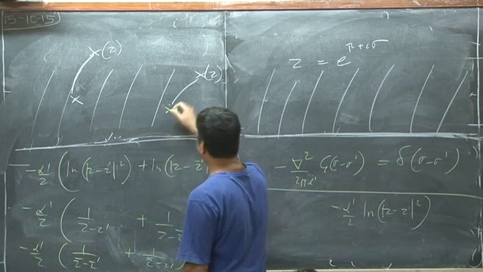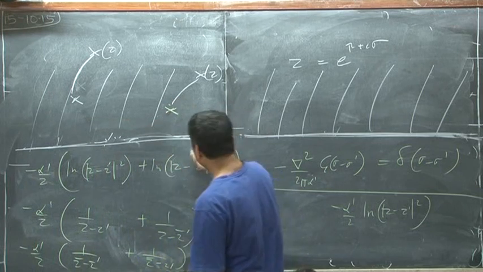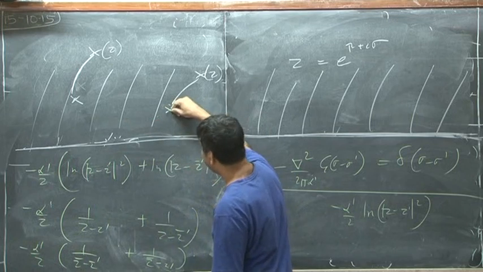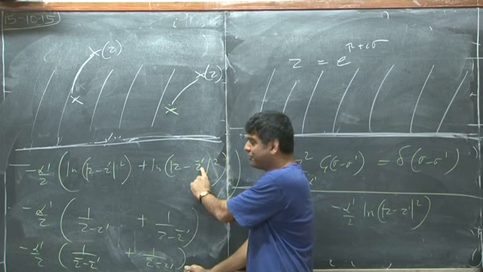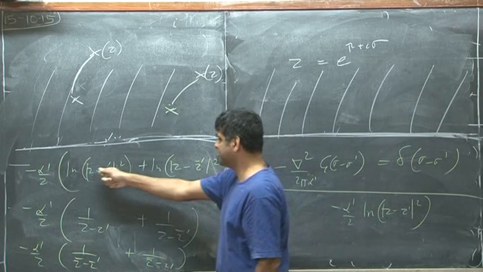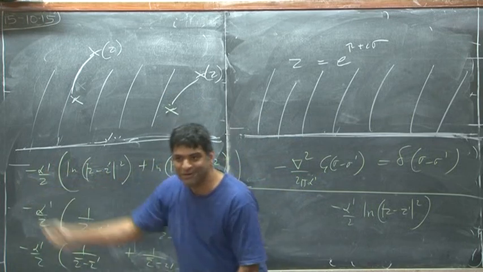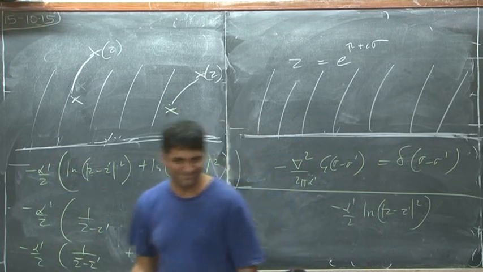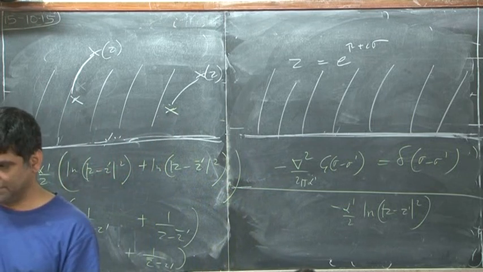Suppose we got an extra source at the boundary. What we're going to do is to think of that as the limit of this when z prime hits the boundary. So of course you just get two of the same term, but you do get the extra factor of 2. So the Green's function when you go to the boundary is just the limit of the Green's function in the bulk.